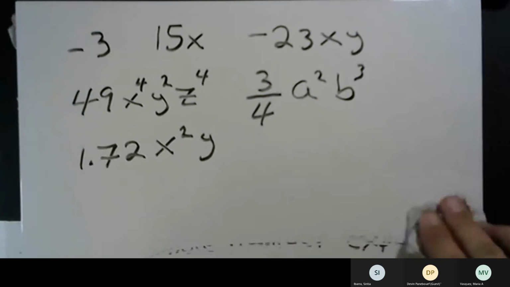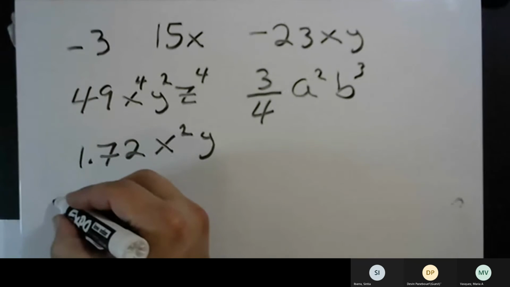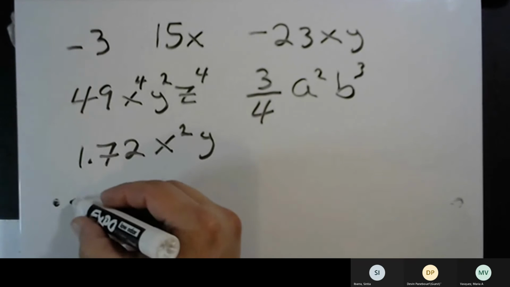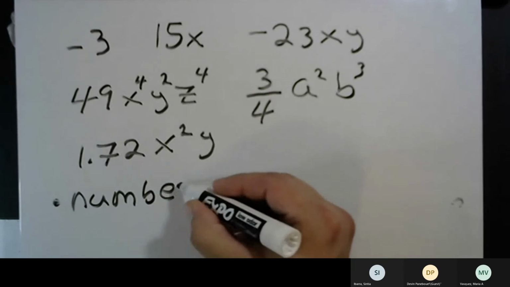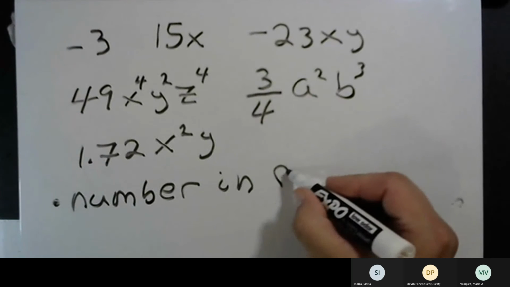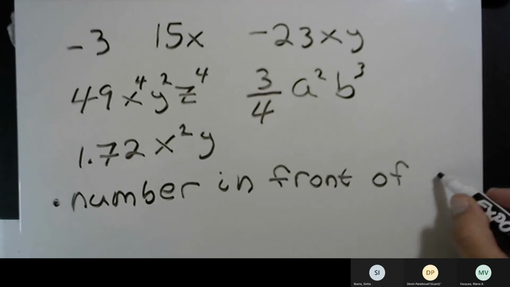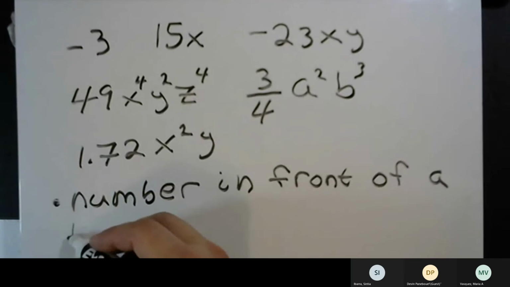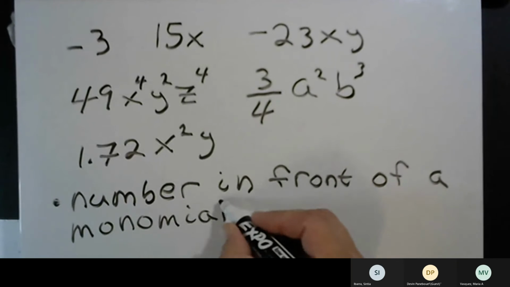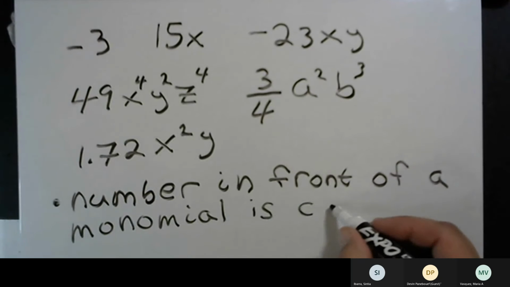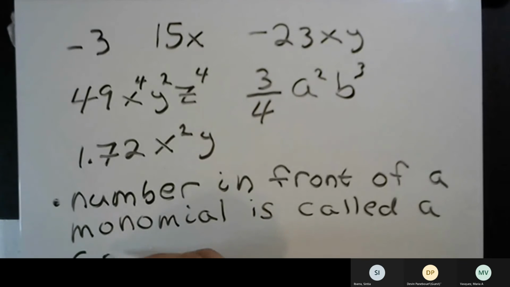Now, I will add this. The number in front of a monomial is called a coefficient.